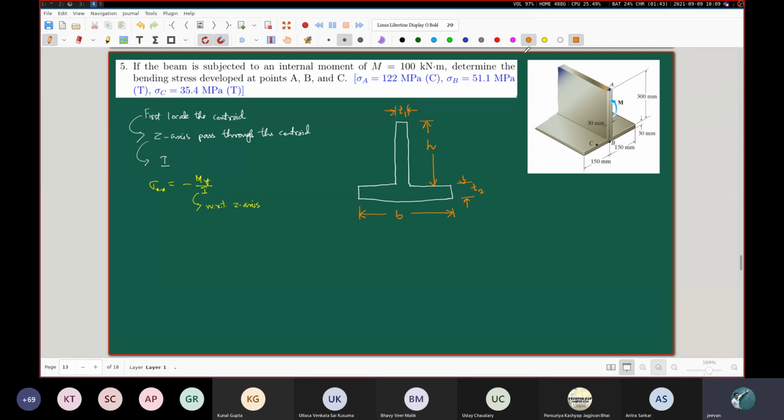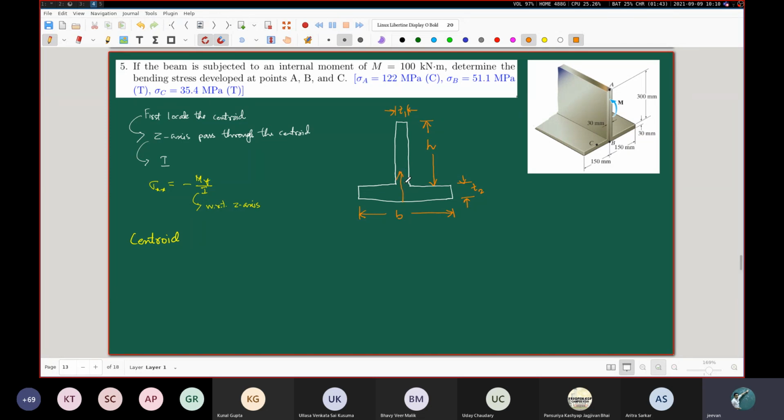So first, for the centroid, what do we do? We are going to consider as our reference this bottom line. With respect to this bottom line, we want to figure out the y coordinate. Imagine that the y coordinate is pointing upward. Let me just draw that.